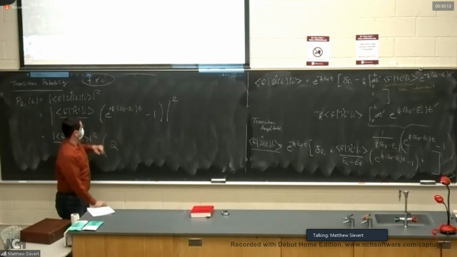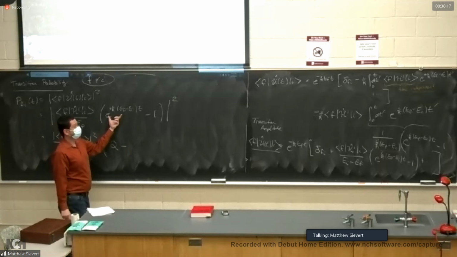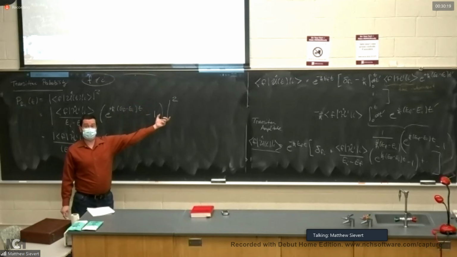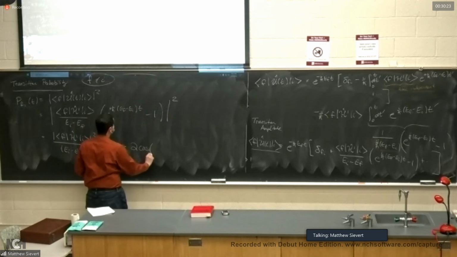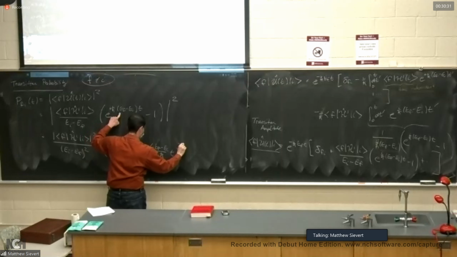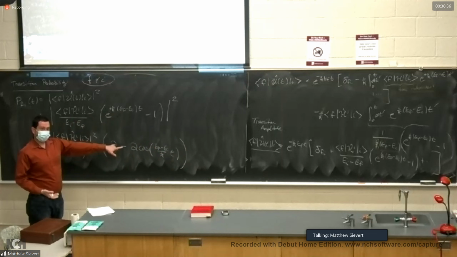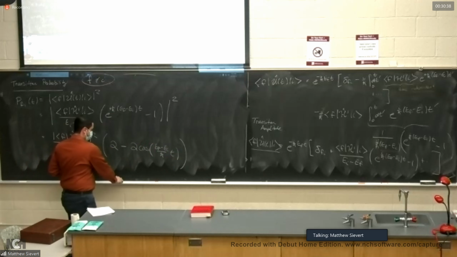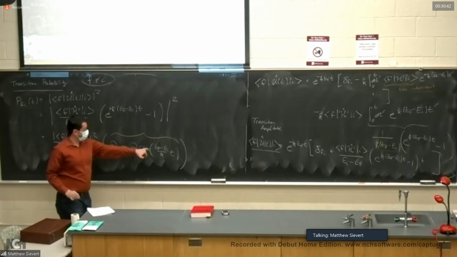From the cross terms, I'm going to get a minus sign, and I'm going to get e to the i thing plus e to the minus i thing. That is a cosine. So that is 2 times cosine of this argument, that is E final minus E initial over h bar, t. So I can massage this expression a little bit, pull out a factor of 2, and I get 1 minus cosine.